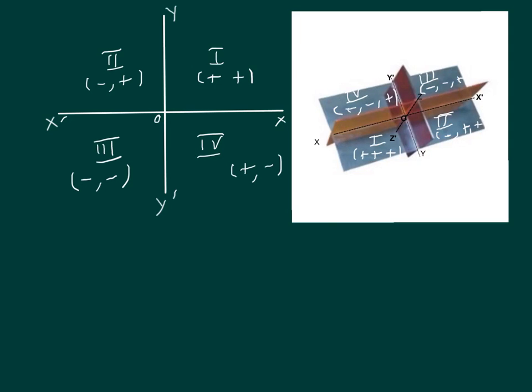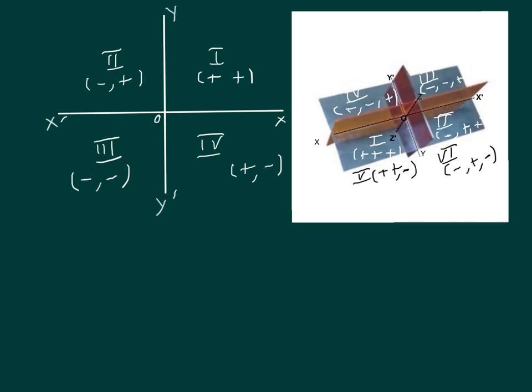Just below our first octant is our fifth octant, which will have x and y positive but z negative. Just below the second octant will be our sixth one. It will have, since it has x dash, so negative x, positive y, and negative z.